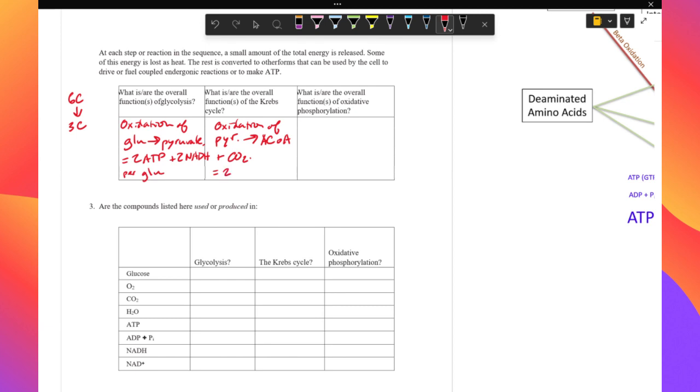This generates 2 GTP, guanine triphosphate, 6 NADH, and 2 FADH2 per glucose.